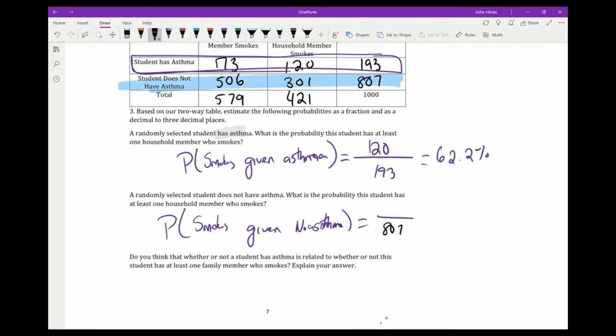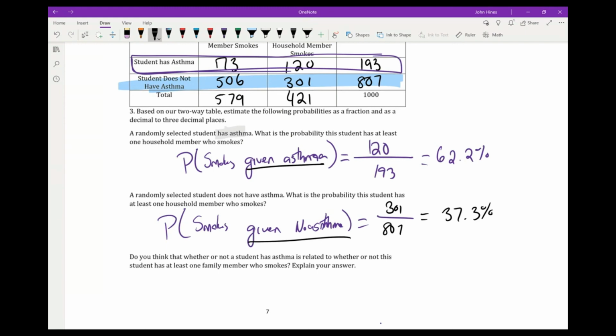How many people in that blue row smoke? 301 have someone who smokes in their house. So it's 301 out of 807, and I end up getting 37.3%. So that given information limits your universe, so you're not picking out of everybody, you're only picking from that row or a column. If I told you that they smoked or didn't smoke, I could have switched it around.